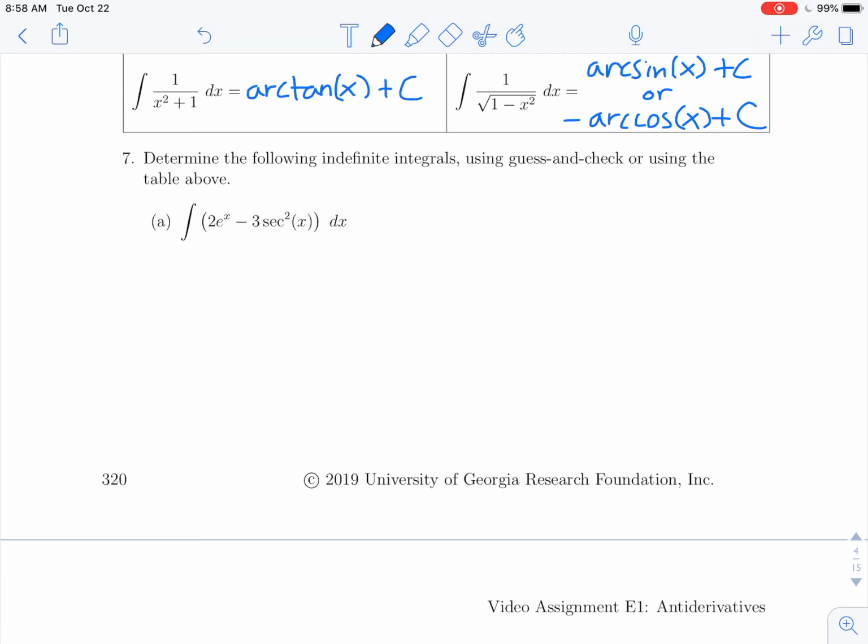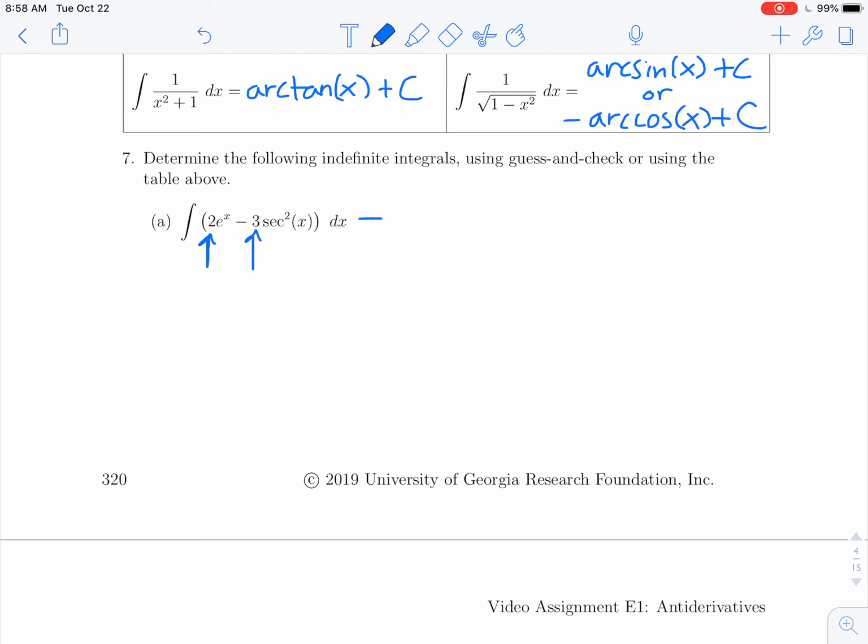Guided exercise number 7 says determine the following indefinite integrals using guess and check or using the table above. Remember we talked about earlier that when you have a constant times a function, like this 2 here and this 3 here, you can drag those constants along and work out the indefinite integrals of the individual functions.